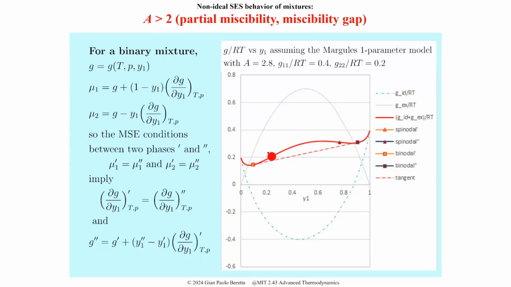So from the spinodal composition here to the spinodal composition there, there is this entire range of compositions in which the mixture doesn't want to stay. So if you manage to produce a mixture with this composition at these conditions of temperature and pressure, it will separate spontaneously in search for stability.